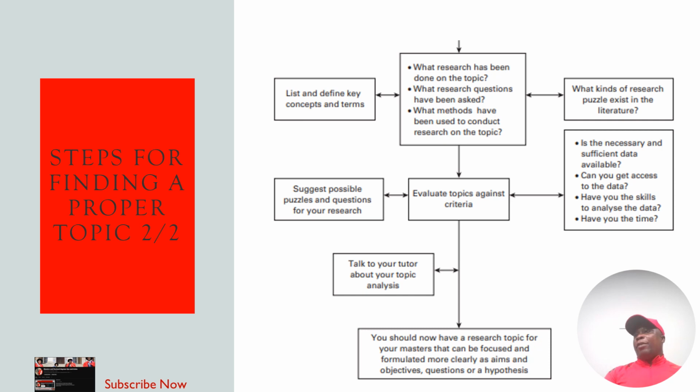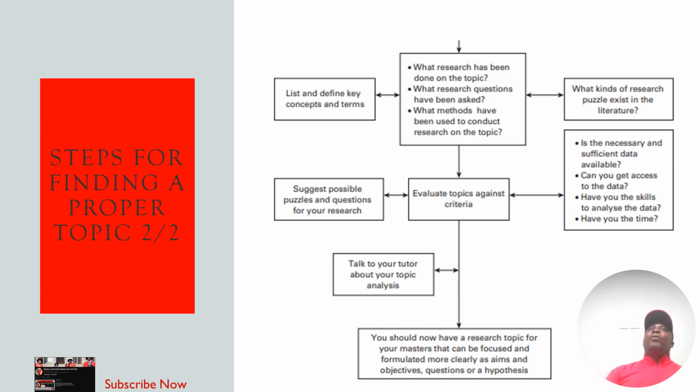Then you need to evaluate your topic against criteria. Which criteria are we evaluating? The first one is whether necessary and sufficient data is available. If you want to carry out a study, don't attempt one where you know you're not going to be able to get data.